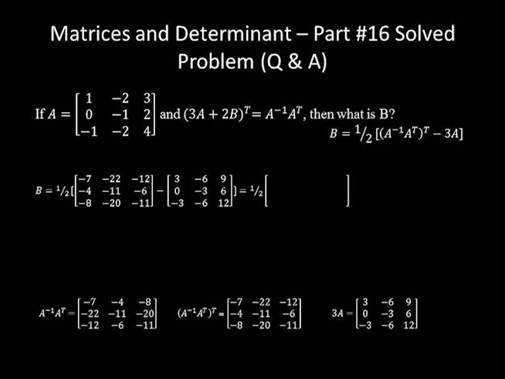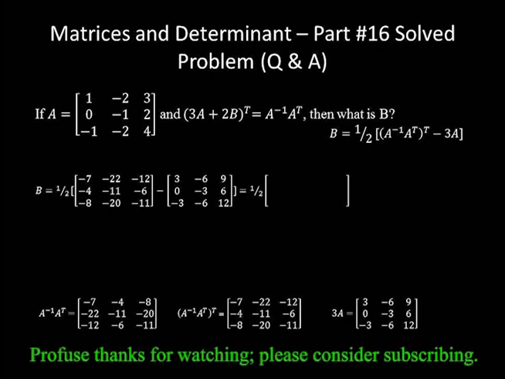Subtracting two matrices means subtracting the corresponding elements of the individual matrices, meaning negative 7 minus 3 is negative 10. Negative 22 minus negative 6 means negative 22 plus 6, which gives us negative 16. Negative 12 minus 9 gives us negative 21. Negative 4 minus 0 gives us negative 4.